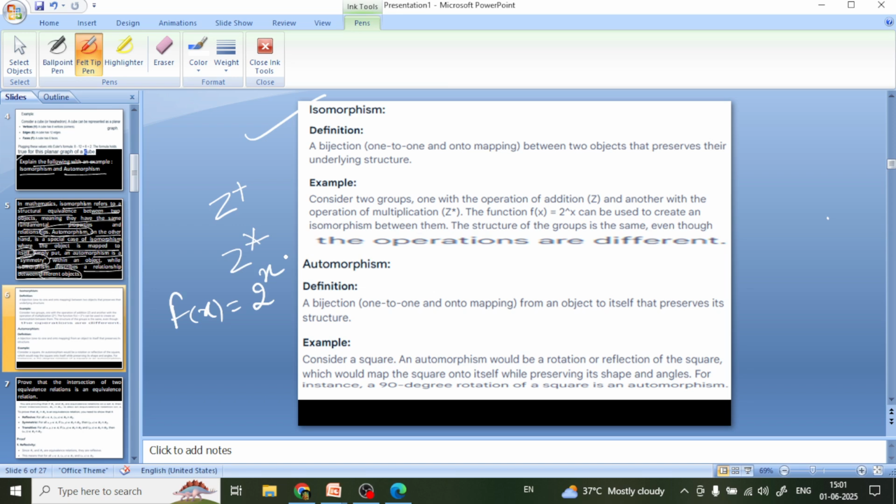The structure of the groups is the same, even though the operations are different. That is known as isomorphism.